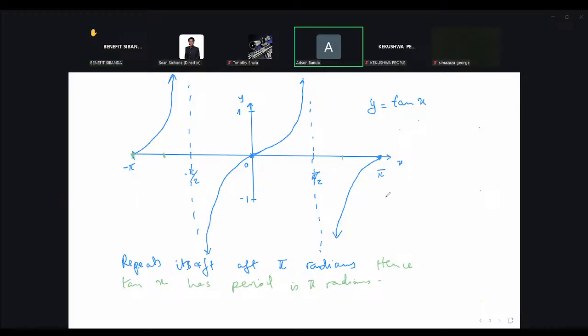So the question, of course, is what is the tangent of pi or negative pi? This is the same as the negative of the tangent of pi. What is the tangent of pi? If I'm not mistaken, is it not sine over cosine? The negative sine.